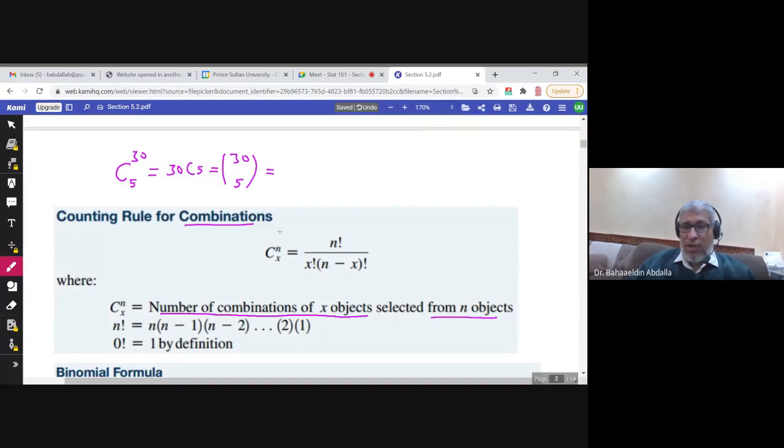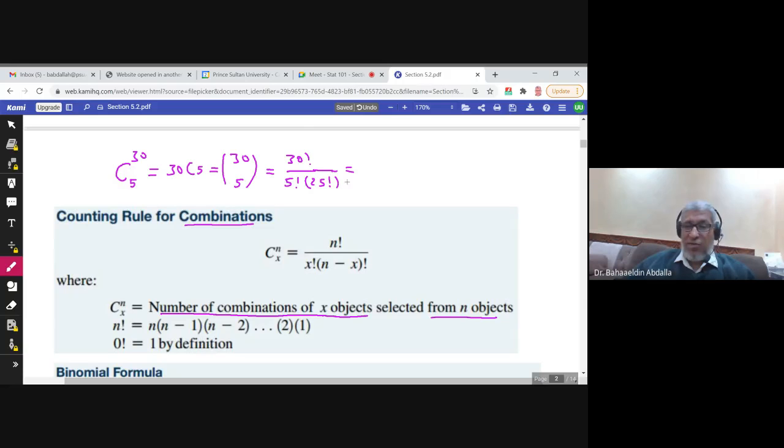What does it mean? N factorial, 30 factorial, the larger number, over X factorial, the second number or the number below, 5 factorial, times the difference between them, 30 minus 5, which is 25 factorial.